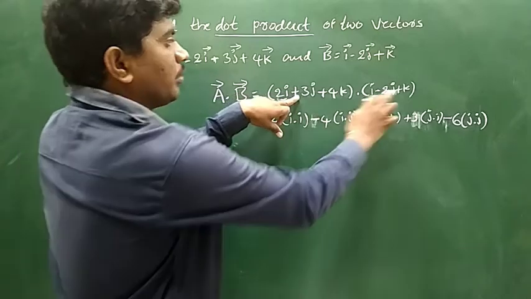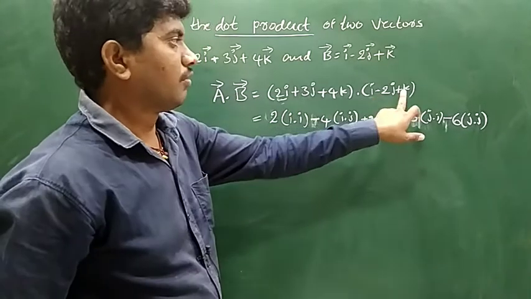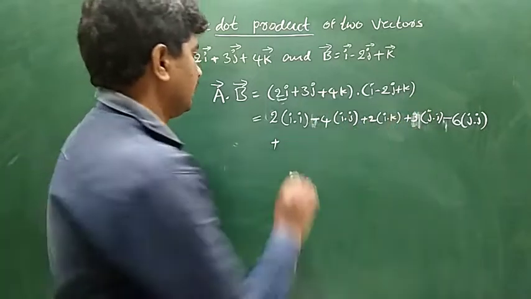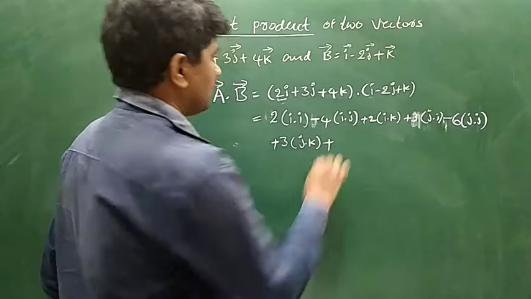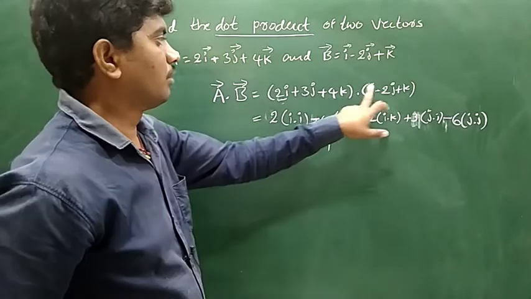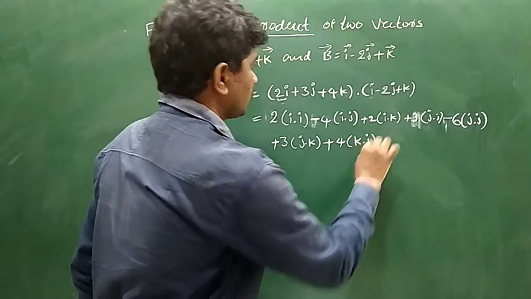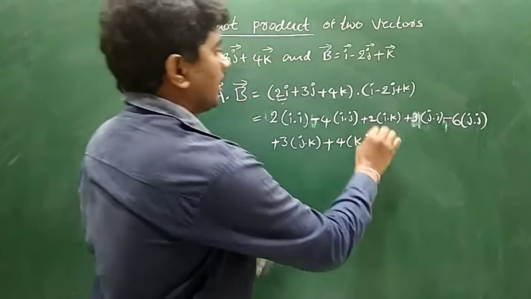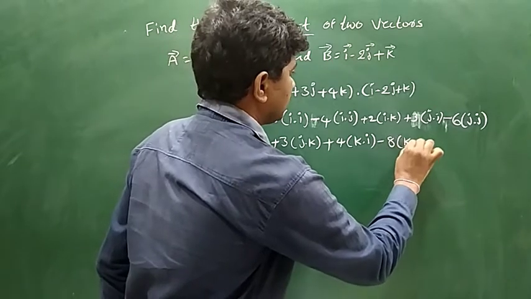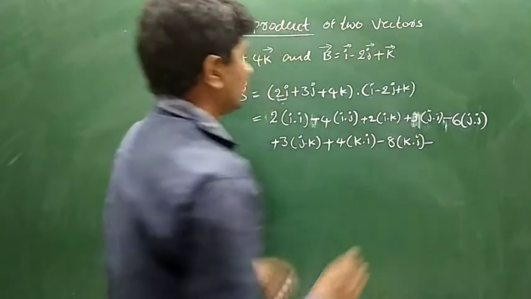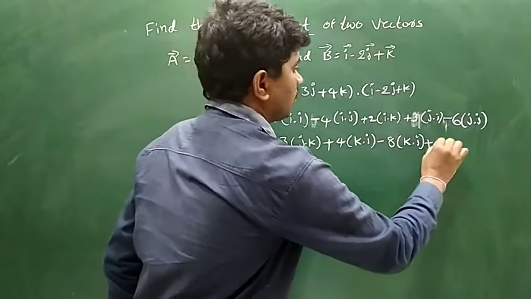Next, plus 3 into 1, that is 3, j dot k, plus 4 into 1, that is 4, k dot i. Next, plus 4 into minus 2, that is minus 8, k dot j, plus 4 into 1, that is 4, k dot k.